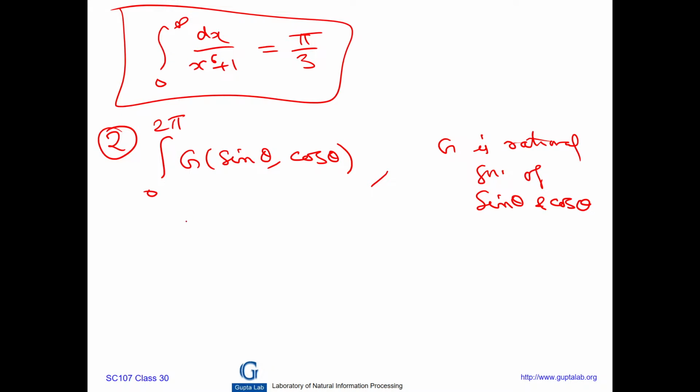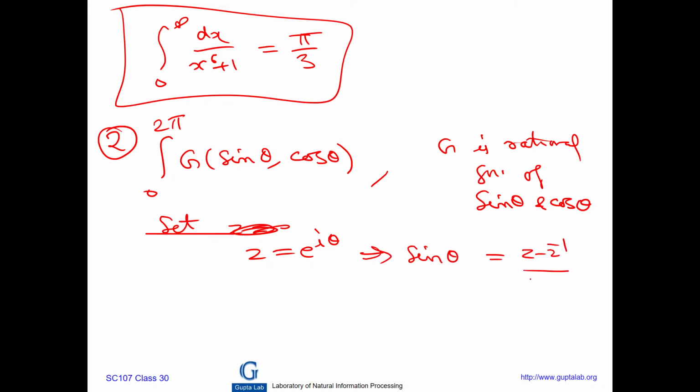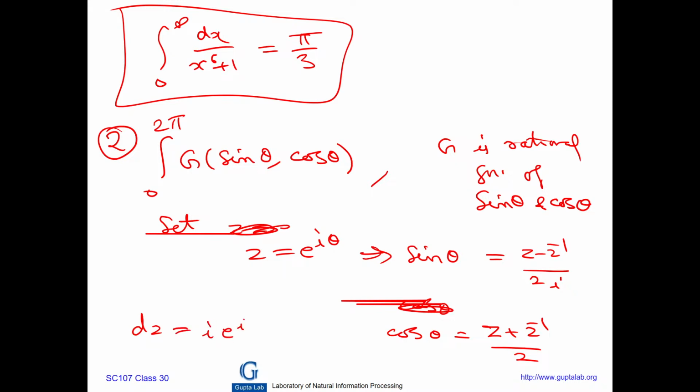Then what we do? Substitute z is equal to e raised to power i theta. Then sine theta will be z minus z inverse divided by 2i, and cos theta will be z plus z inverse divided by 2. dz will be i times e raised to power i theta d theta.